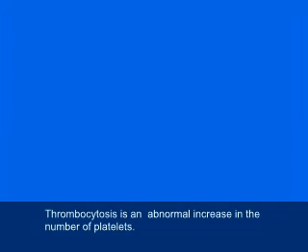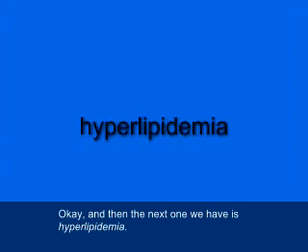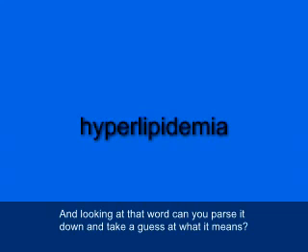Thrombocytosis is an abnormal increase in the number of platelets. Okay, and then the next one we have is hyperlipidemia. Hyperlipidemia. And looking at that word, can you parse it down and take a guess at what it means?